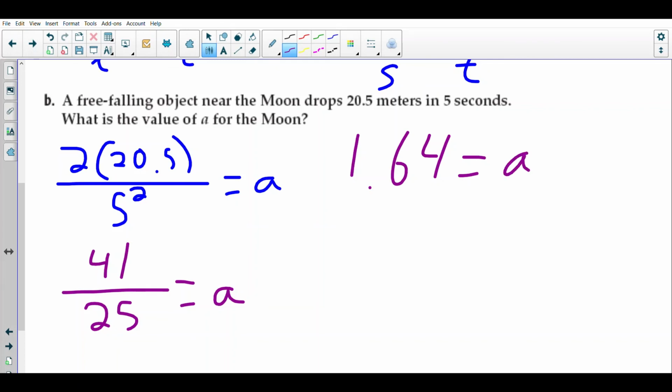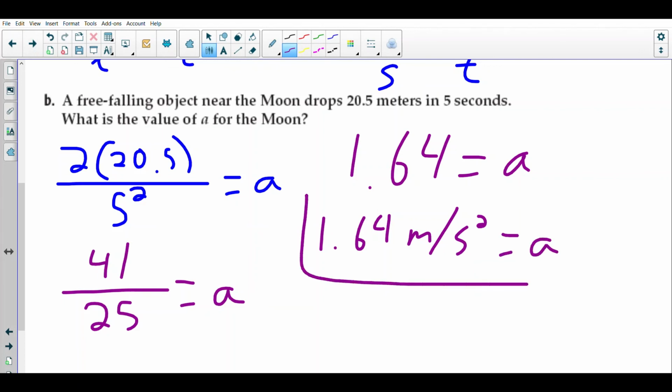We now know that, and the real label is meters per second squared, so I'm going to write that for you. 1.64 meters per second squared, because we had meters on top and we had time squared. So the acceleration rate on the moon is 1.64 meters per second squared. I'm not overly worried about the label, but that's just an important part of a word problem.